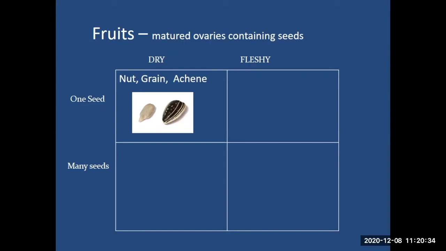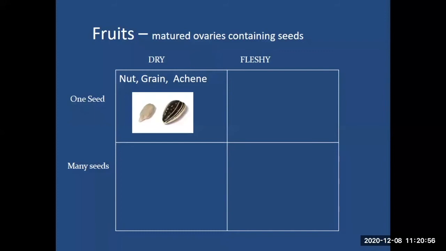The first type is the nut, grain, or achene. Nuts are things like pecans, walnuts, filberts, true nuts. Grains are what come from grasses and sedges, grasses like corn, wheat, barley, rye.